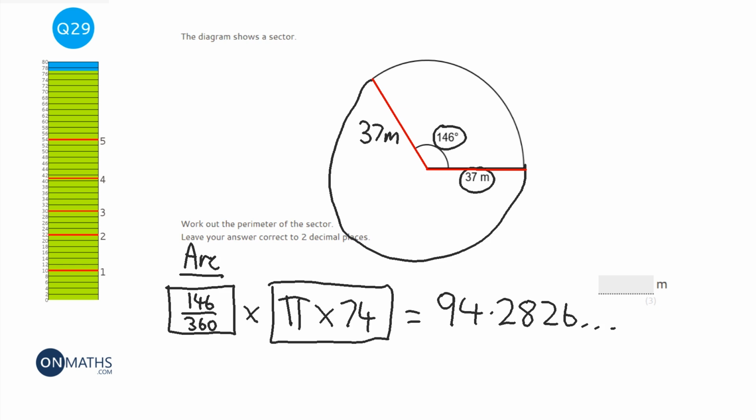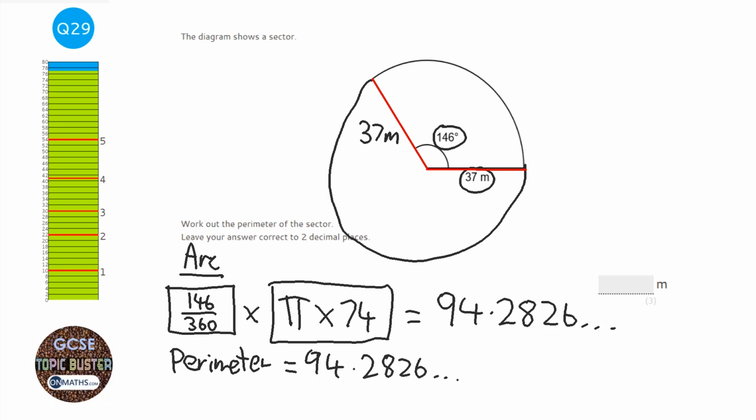So to work out the perimeter, I'm just going to get that 94.2826 and so on, and I'm going to keep it in my calculator, and I'm going to add 37 and add another lot of 37.